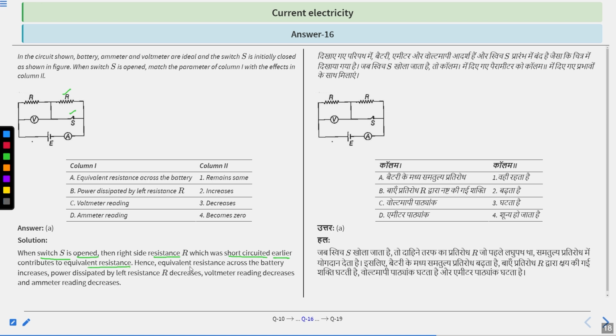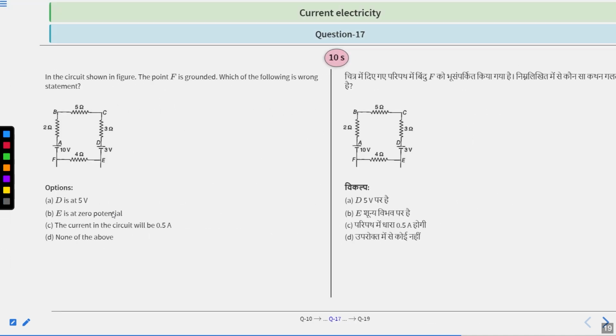Hence, the equivalent resistance across the battery increases, and the power dissipated by the left resistance R decreases. So the voltmeter reading decreases and the ammeter reading decreases. Based on this statement, the correct option is A. Option A is correct. Next question.